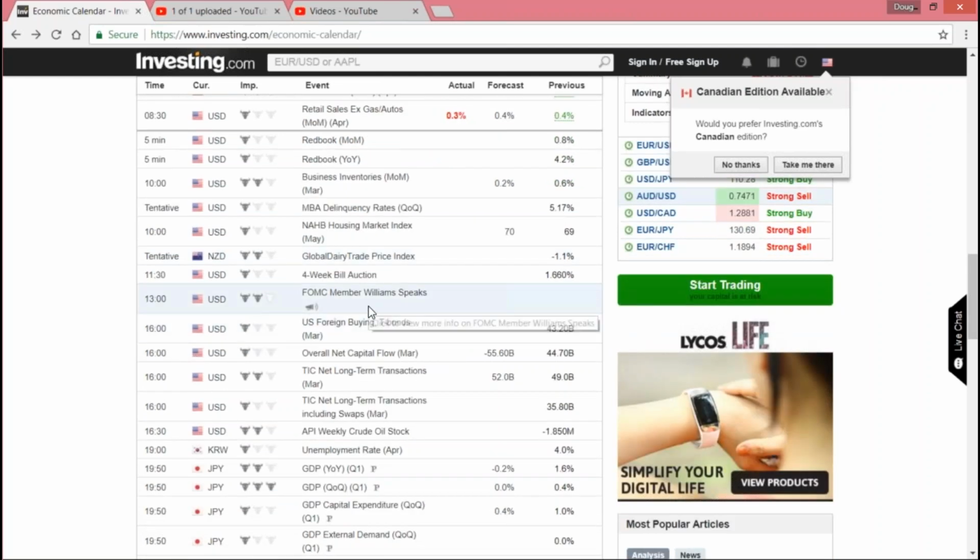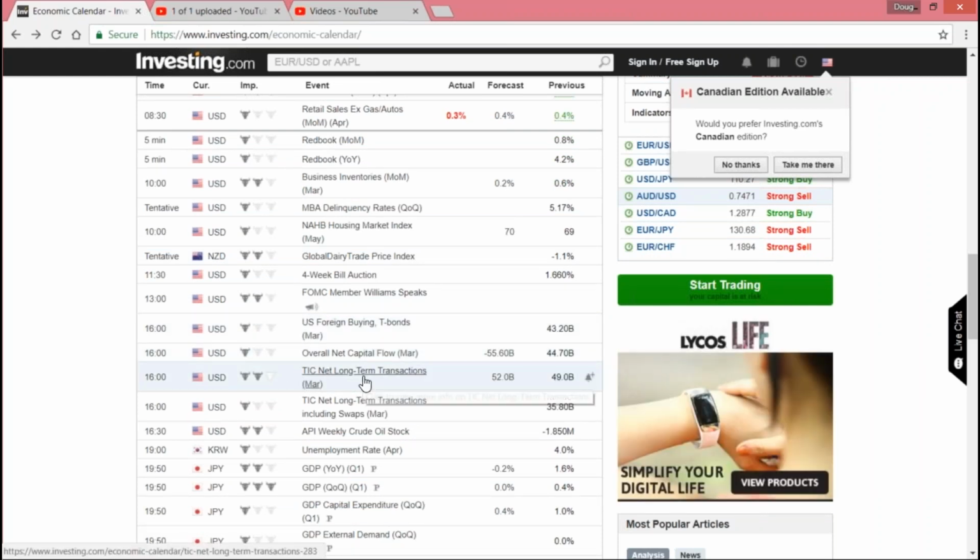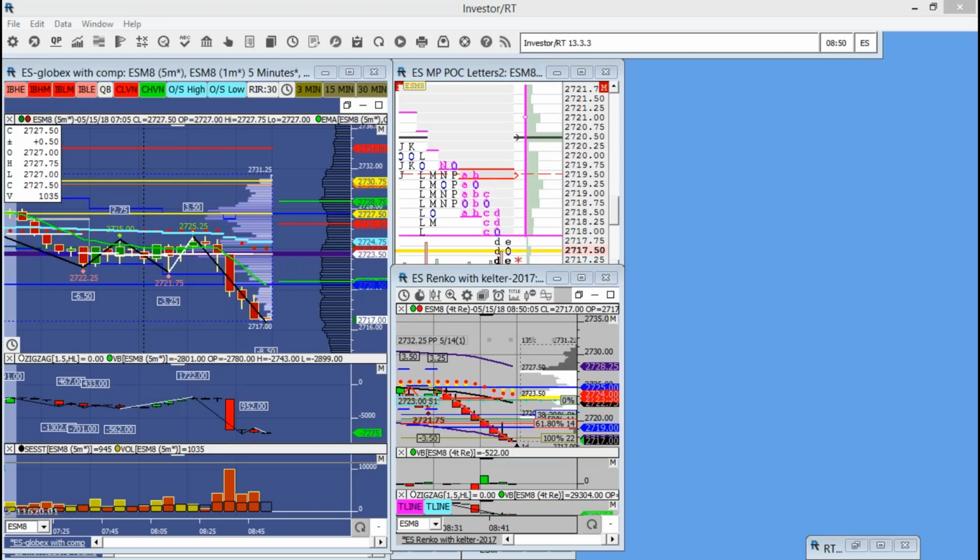We've got FOMC Williams speaking at 1 o'clock. At 4 o'clock, we've got U.S. foreign buying T-bonds and overall net capital flow and TIC net long-term transactions. So not a lot more scheduled news, but again, with the Fed speaking, we could get some further action.